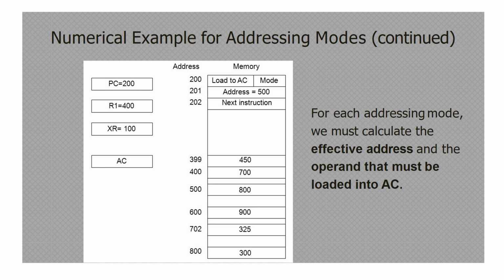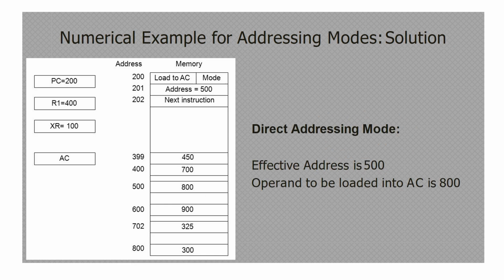For each addressing mode, we must calculate the effective address and the operand that must be loaded into the AC. For direct addressing mode, the effective address is 500 only, because in the direct addressing mode the address is given directly. So at 500, 800 is there, so the operand to be loaded is 800.